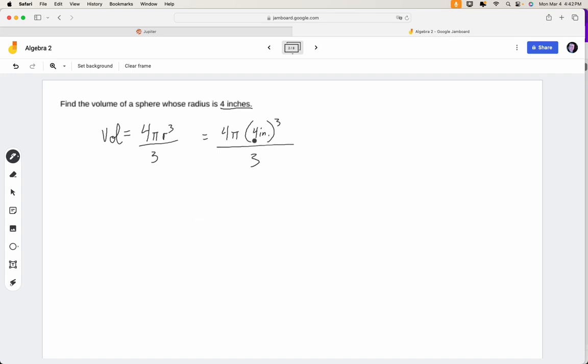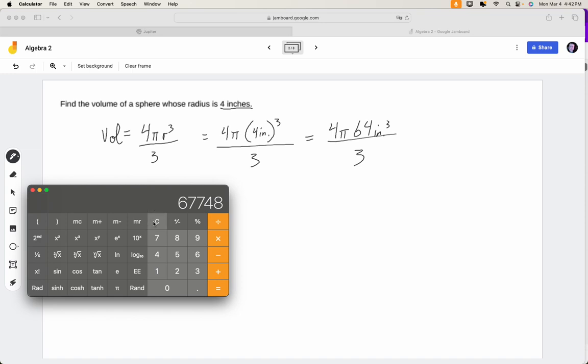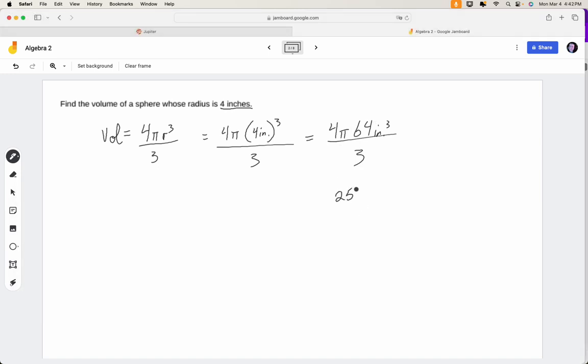So 4 times 4 times 4, 4 times 4 is 16, 16 times 4 is 64. So 4 times pi times 64 inches cubed divided by 3. So 4 times 64 is going to be a number that I don't have in my head. 64 times 4 is 256. So 256 pi inches cubed divided by 3.